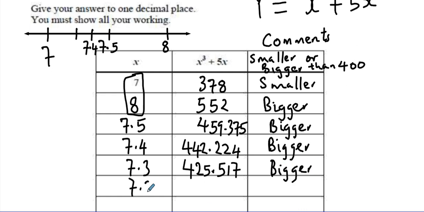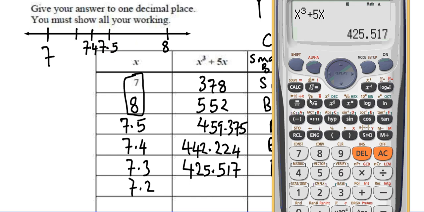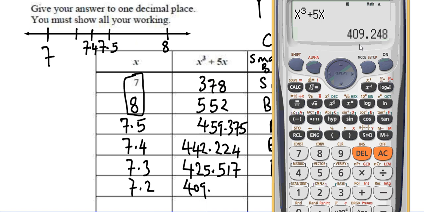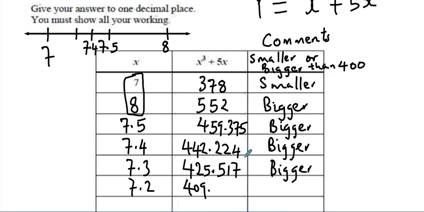So try 7.2. This gives 409.248. This is still bigger than 400.